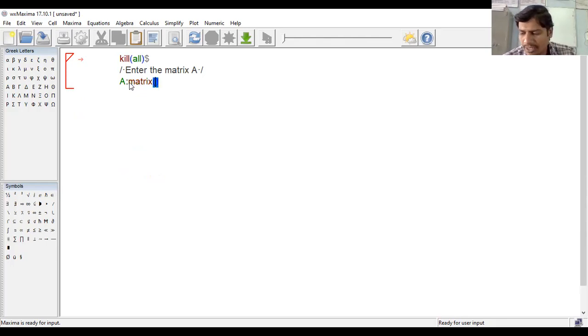Matrix of, you type the square bracket. Then the first row is 2, 1, 3. Then 2 comma, then minus 1 comma, then 2, minus 1, then plus 1. Then square bracket close.